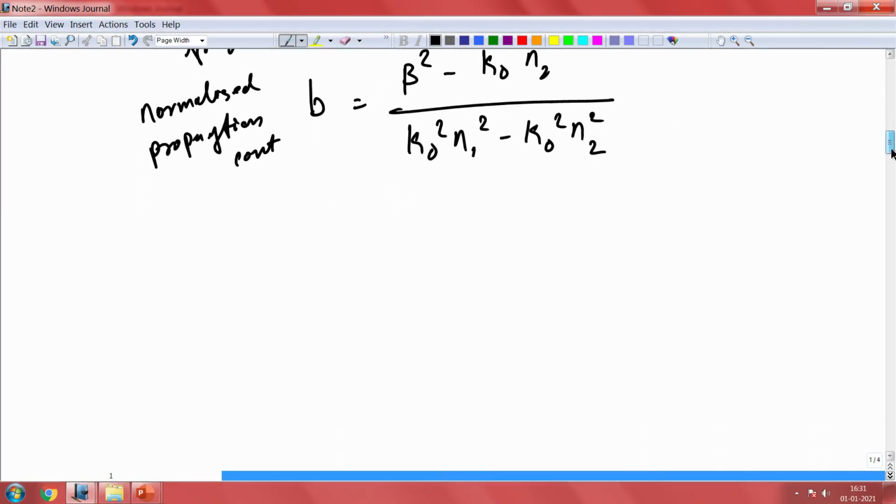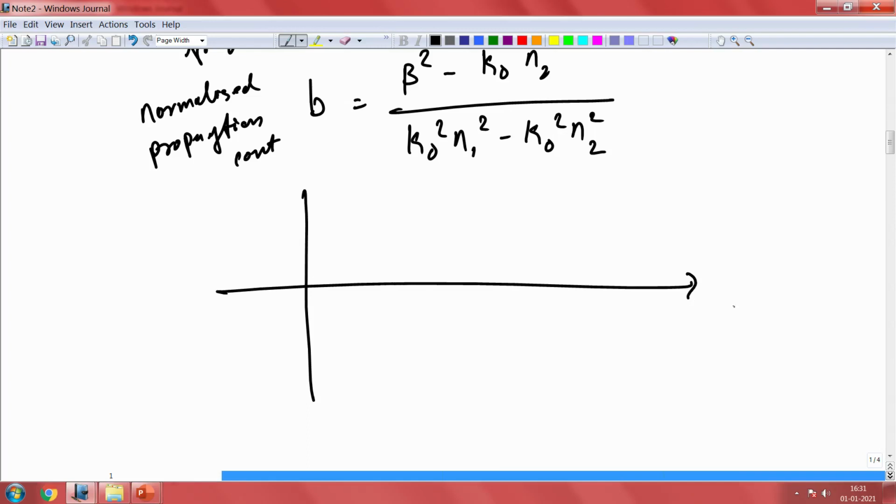So, now if we plot this, let us say this is your v parameter and this is your b, you will find something interesting. So, what you are going to find is that your curve, your normalized propagation, will have negative values.